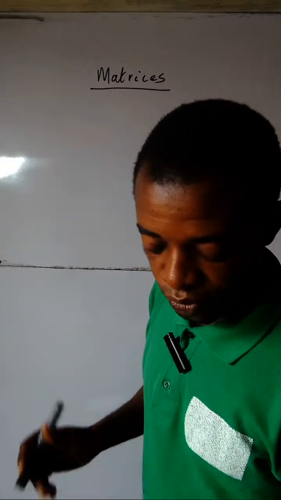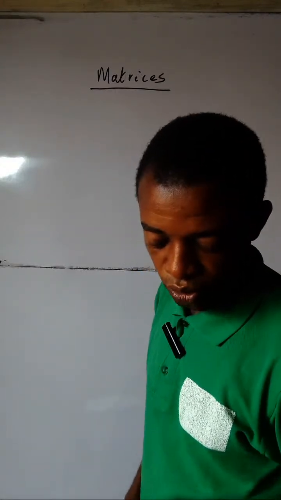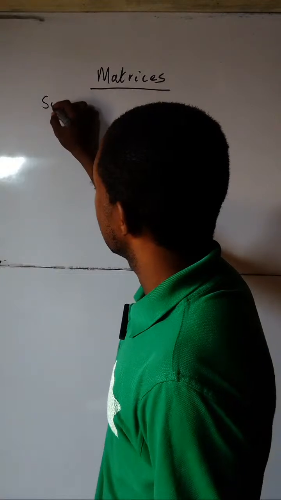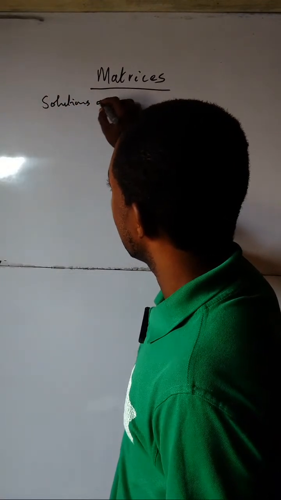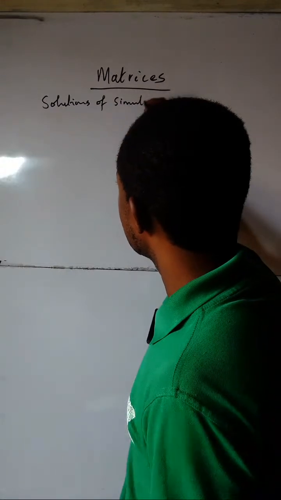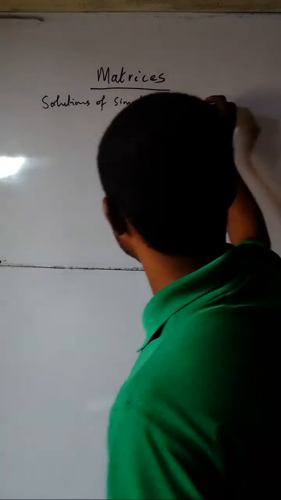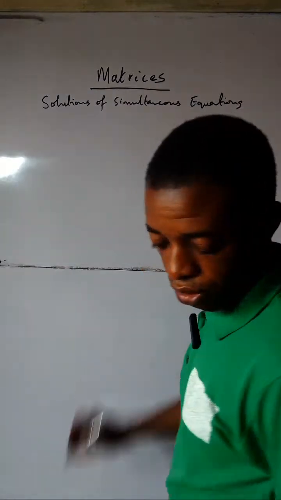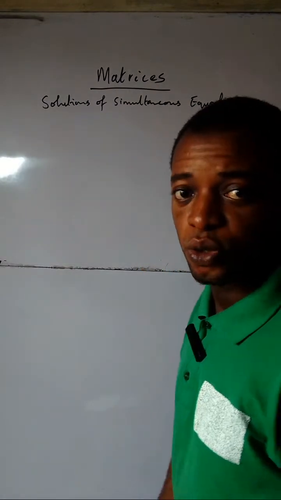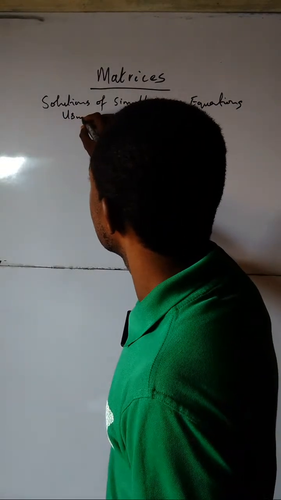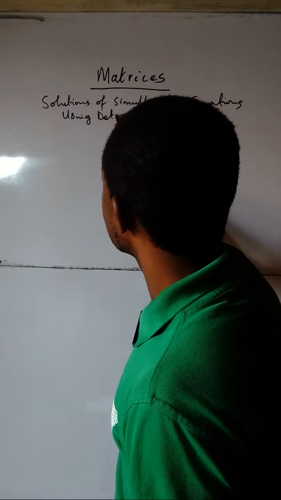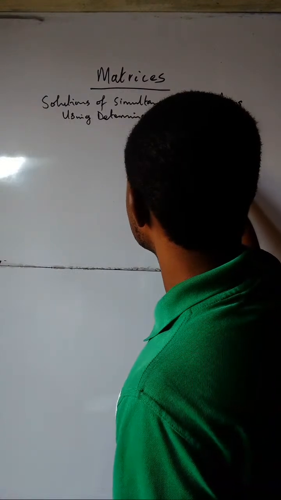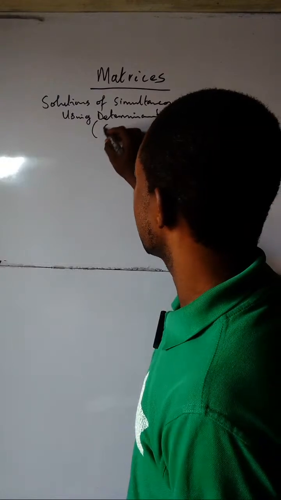Now, the first application we are looking at is solutions of simultaneous equations using determinant method, and they call this Cramer's rule.